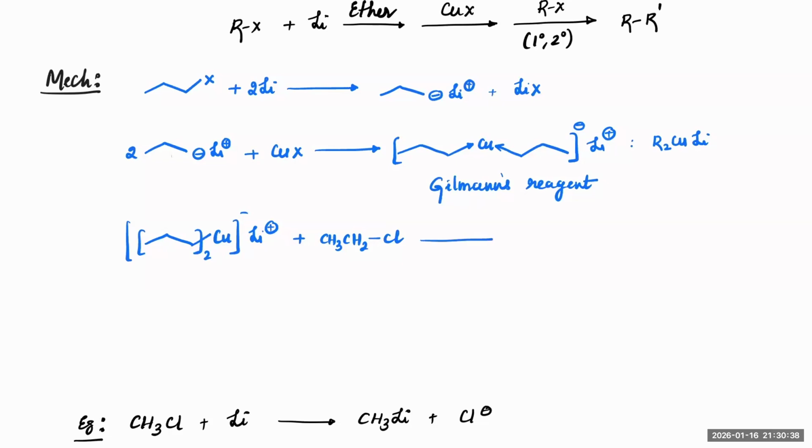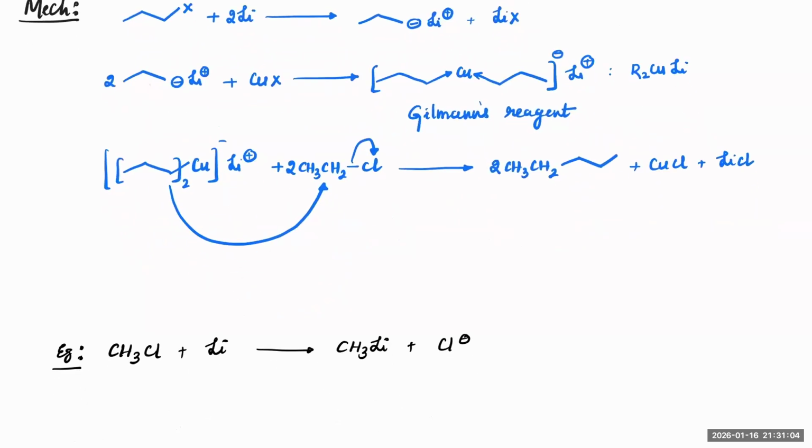In that case, what would happen if I take 2 moles of this? These carbons will attack here, removing this chlorine. So I'll get 2 moles of CH3CH2 connected with this propyl group, and CuCl will form and LiCl will form.